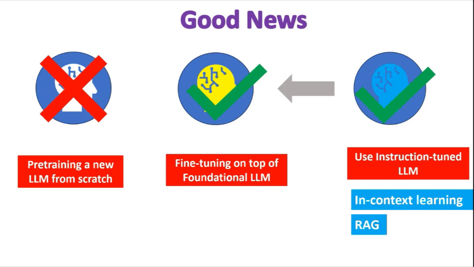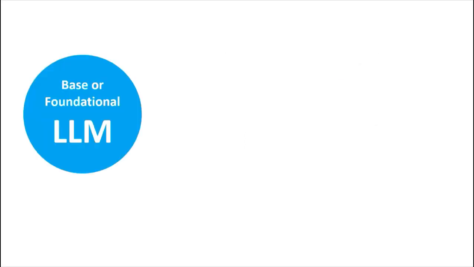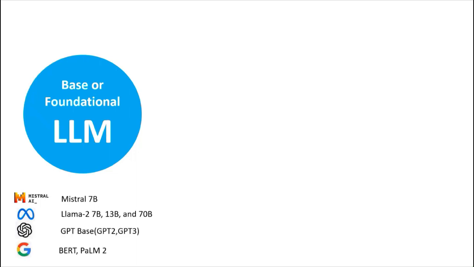Let us move further and explore the foundational model, fine-tuned model, and instruction-tuned model available through paid services and also through open source communities. For foundational models, I have here Mistral 7B and Llama 2 7B, 13B and 70B models. They are open source models, and Mistral is from Mistral AI and Llama is from Meta. On the paid services, we have foundational models from OpenAI and Google.